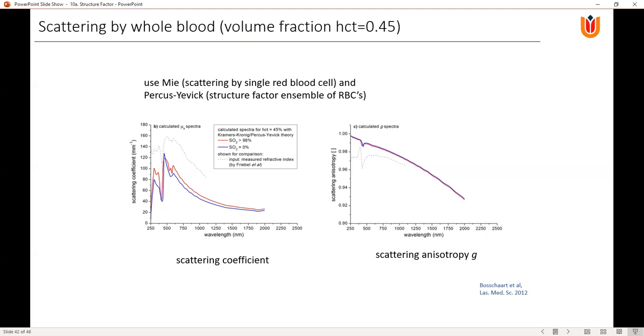That's the scattering coefficient on the left-hand side, and for the anisotropy of the phase function, the g value, on the right-hand side. Also shown is basically the same calculation, but with a different refractive index, a measurement of the refractive index by a different group.